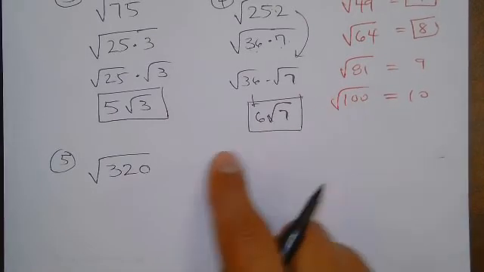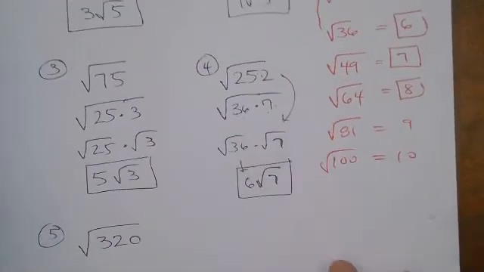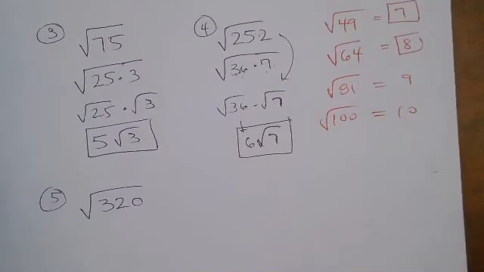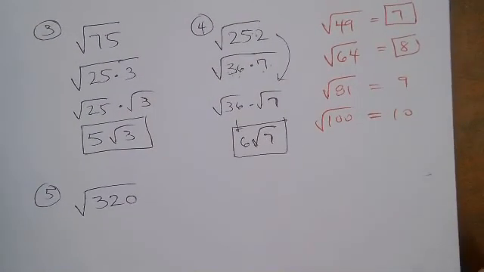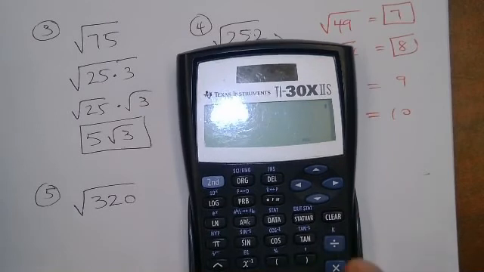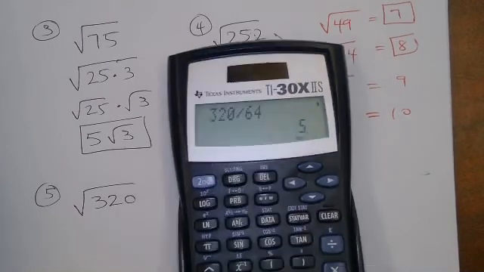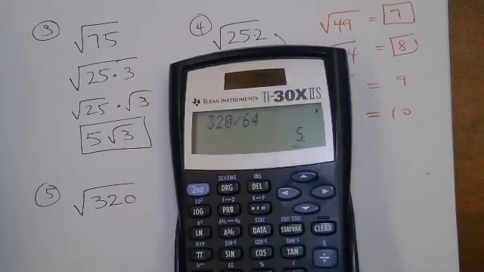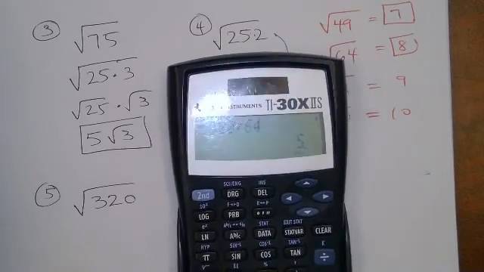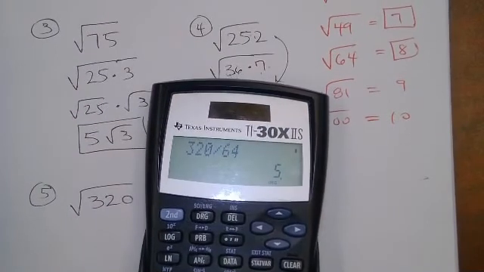Work from the top down. Anybody, let me know when you get it. You're dividing 320 by 81, or you're dividing it by 64, or you're dividing it by 49. Anybody get it? 64? Oh, let me check that. 320 divided by 64 is 5.